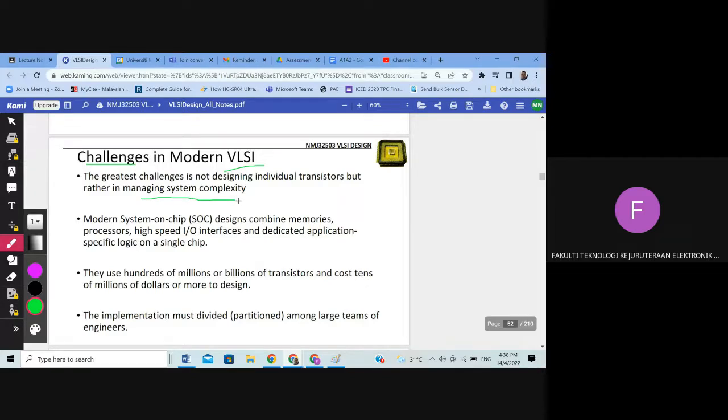That is one of the challenges in modern VLSI, because the complexity is getting higher, as we want a sophisticated chip to do sophisticated operations. For example, to do an AI algorithm on a smartphone, or a deep learning process on a computer. That requires a lot of algorithms and sophisticated architectures inside your design, which means more transistors are required.